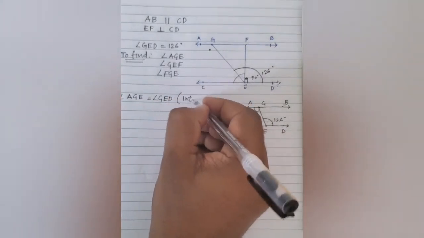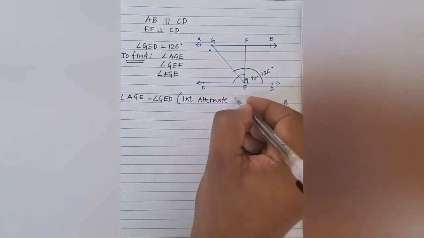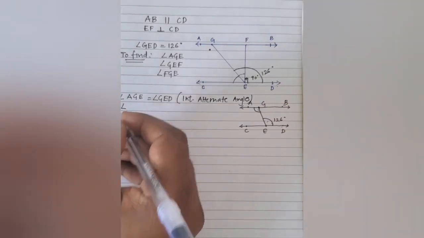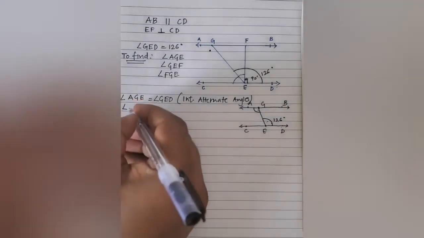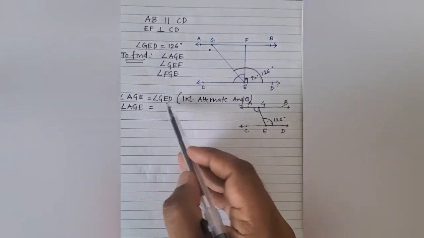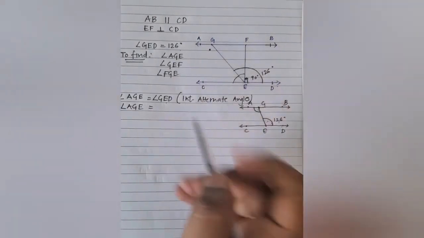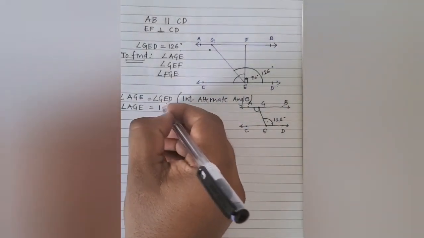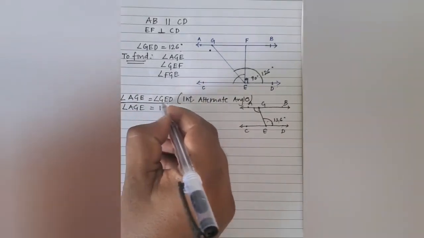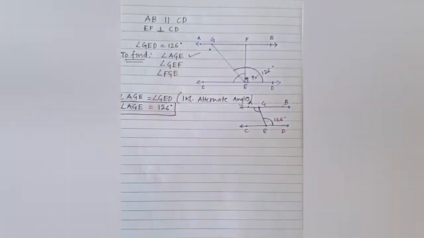Interior alternate angles. Angle GED is already mentioned, it is equal to 126 degrees. So AGE will be equal to 126 degrees. So we have got the measure for the first angle that we are supposed to find.